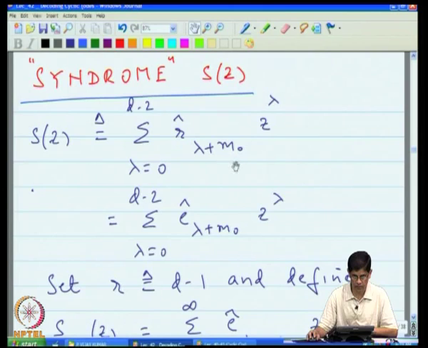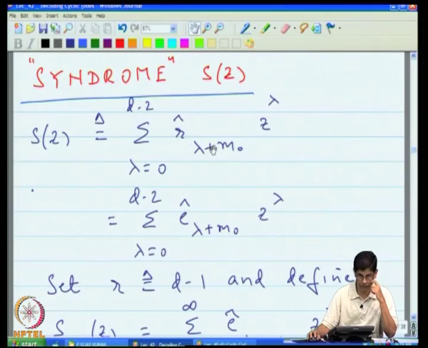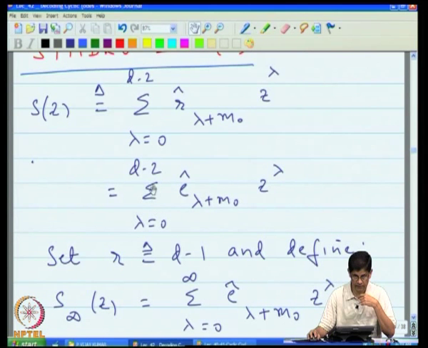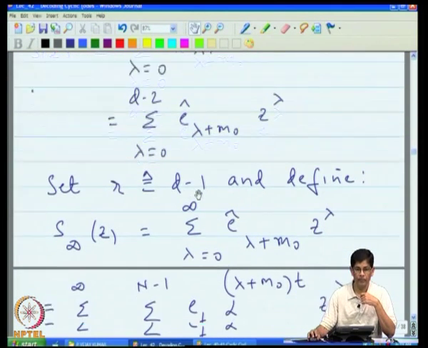So, this is kind of like a normalizing shift, lambda going from 0 to d minus 2. So, this is precisely the collection of frequencies for which the transform of the received signal equals the transform of the error vector. So, these are the frequencies m0 through m0 plus d minus 2, where you know the transform of the error vector.